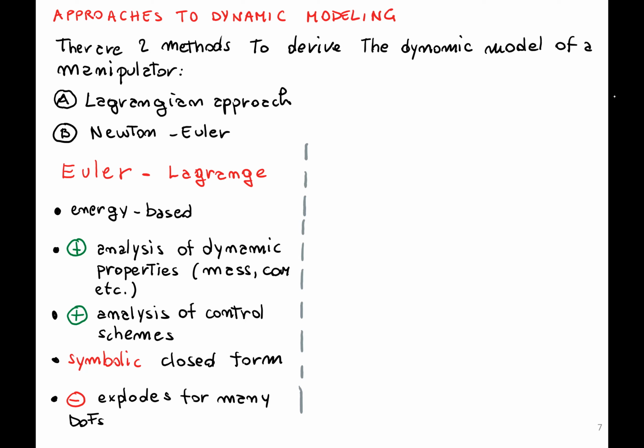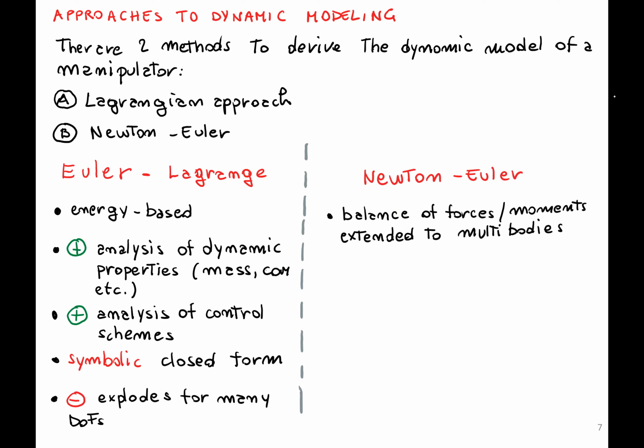Newton-Euler is just a generalization to the multi-body system of the Newton and Euler equation, that is a balance of forces and torques, or moments, for a rigid body. So we do this for a serial chain of rigid bodies, and it's an efficient recursive implementation with iterations.